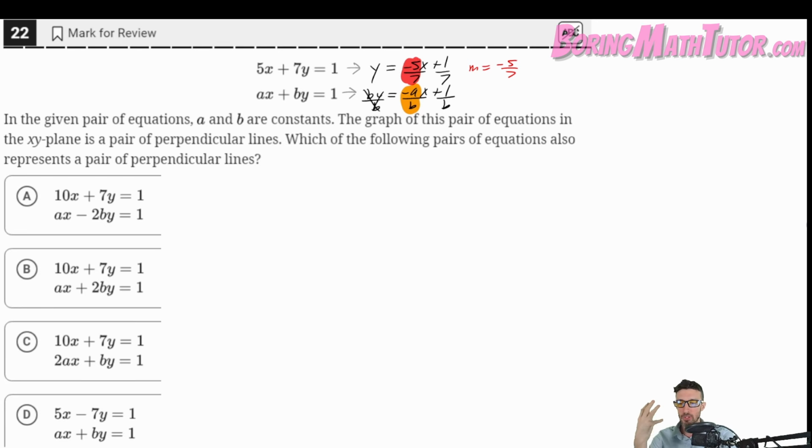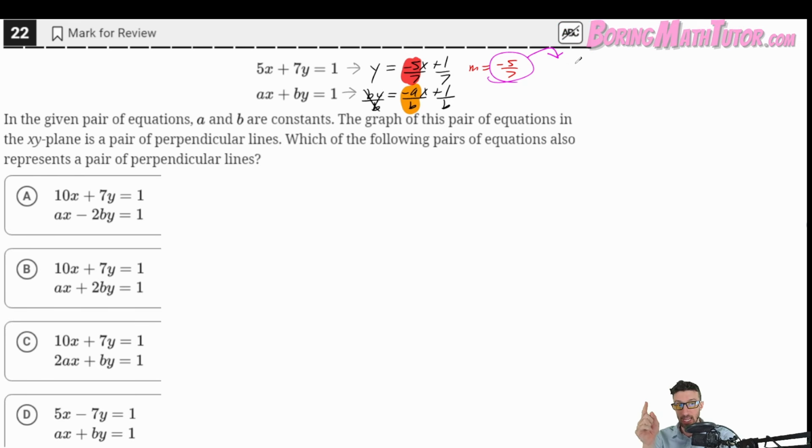So what I really should have done after I got this slope was to take the negative reciprocal of it. Now that would make it 7 over 5. So that must mean that negative a over b must equal 7 over 5. Okay, so I can say that positive a over b is equal to negative 7 over 5.